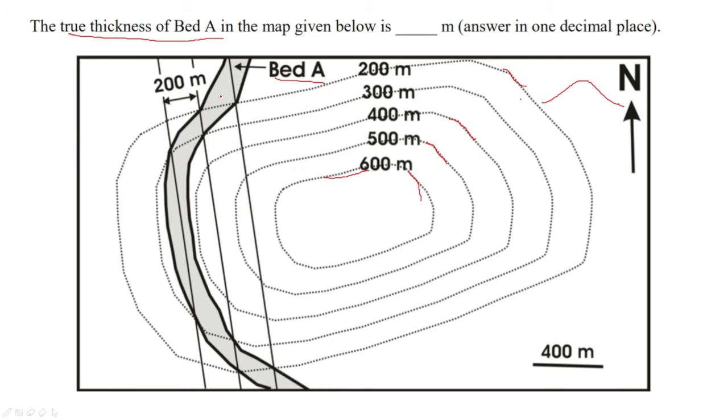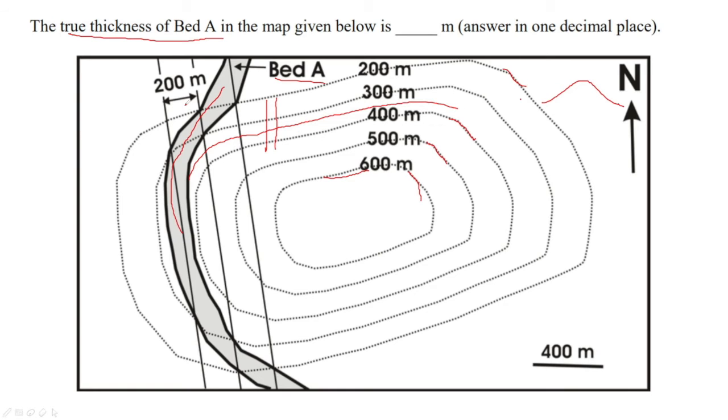So from the pattern of this bed A, this curving pattern, we can at least infer that the bed is not vertical and the bed is not horizontal, because if it were vertical, the outcrop would have been some straight lines. And if it were horizontal, these outcrops would have just followed the elevation contours without cutting it.